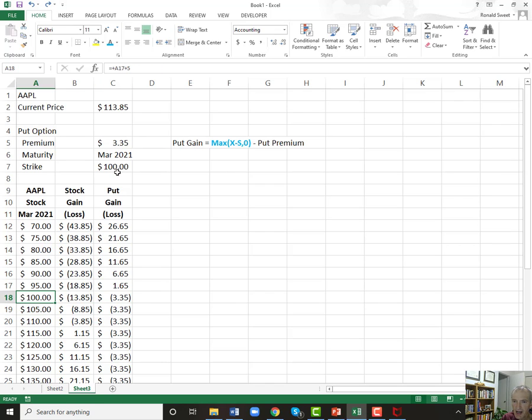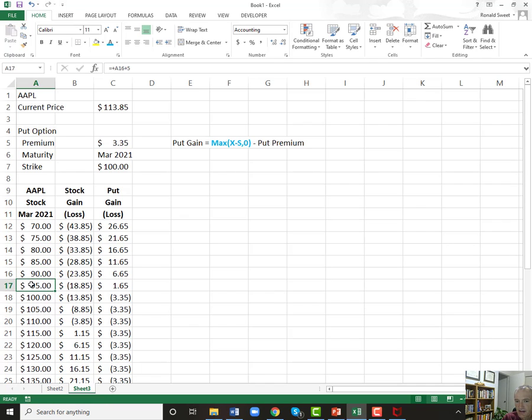Because once it falls down to 100, it goes down to 99. Now you make $1 on the option, but it costs you $3.35. So at 99, you'll lose exactly $2.35. At 98, you have $1.35. At 97, you have 35 cents. At 96.65, you have exactly 0.